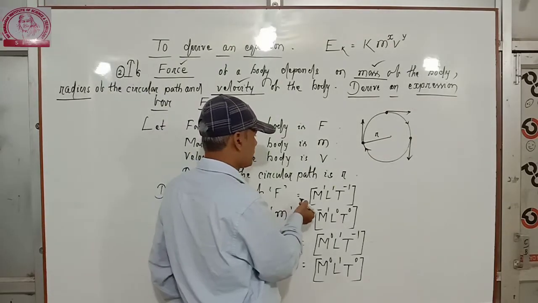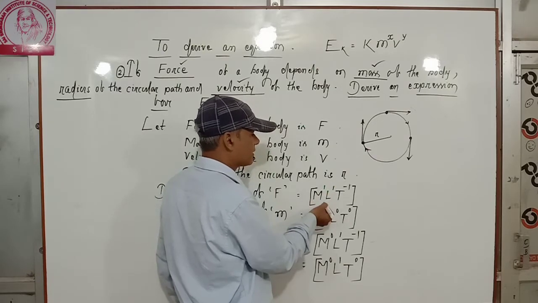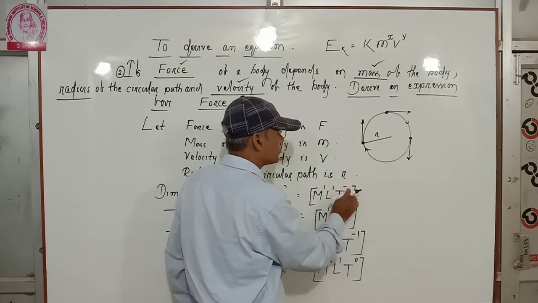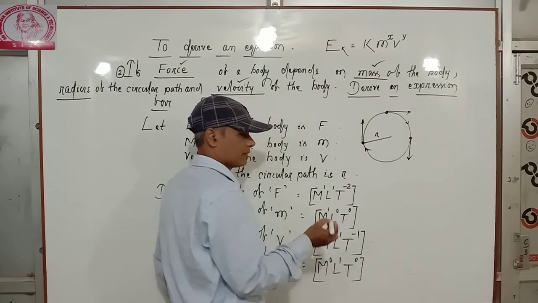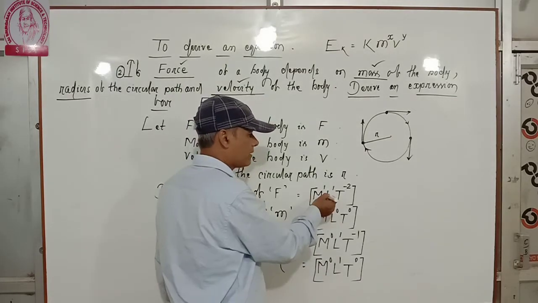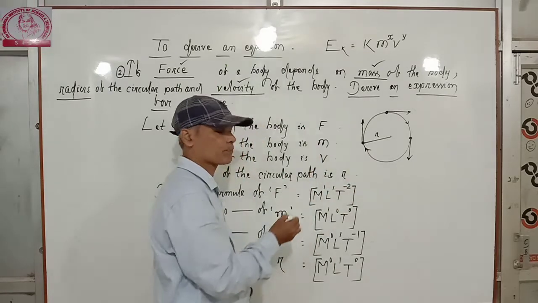So F is equal to Ma, it should be M1 L1 T minus 2, because the dimensional formula of acceleration is L1 T to the power minus 2.